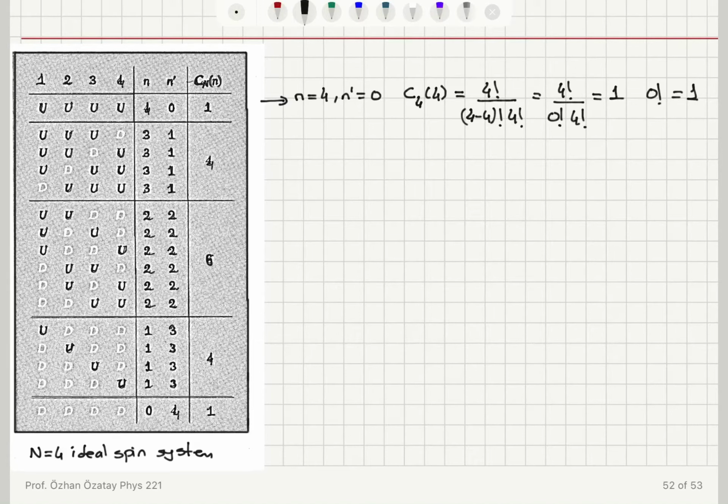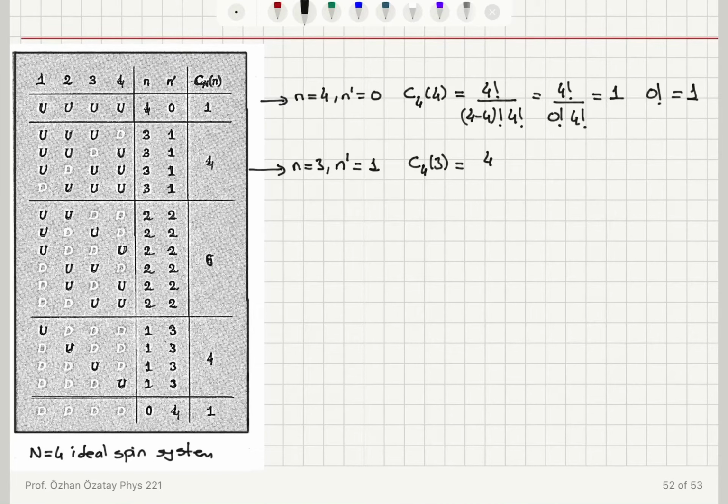For the second possible scenario here, I have 3 ups. So n is equal to 3, n prime is equal to 1. How many configurations do I have? Well, I just listed them all here: up, up, up, down; down, up, up, up; and so on. So these are the distinct configurations where I have any three moments pointing up. So what is the number of combinations of four objects taken three at a time?